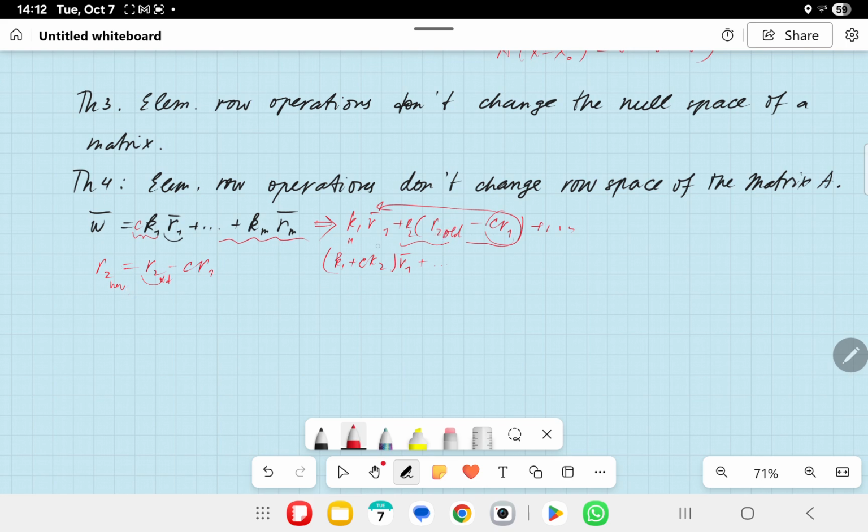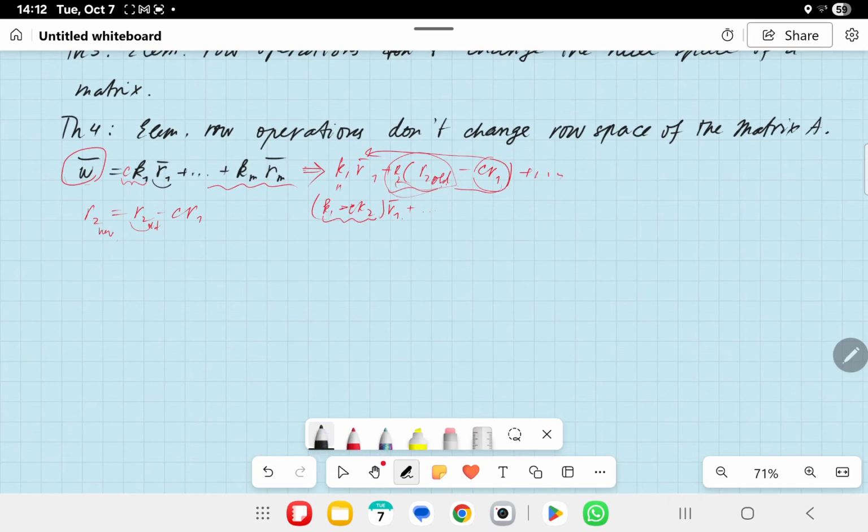Now, if I open parentheses, I'm going to have this one with minus, sorry, but it's still going to be a number times row number 1, and that's still going to be the old row number 2. So basically, nothing changes when you do all possible row operations, which means that the whole space, all these possible vectors, is not going to change either.